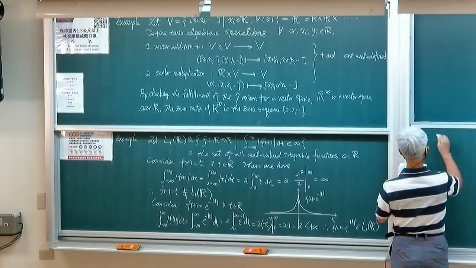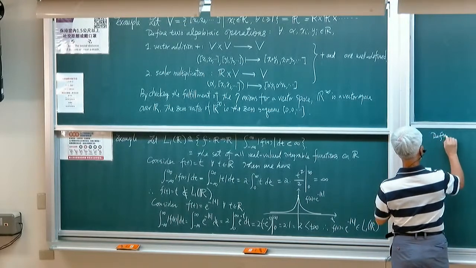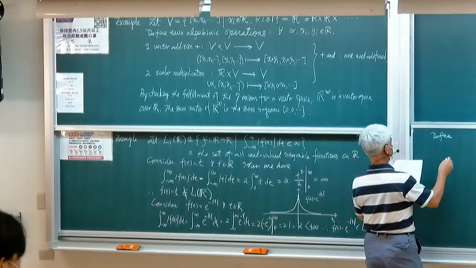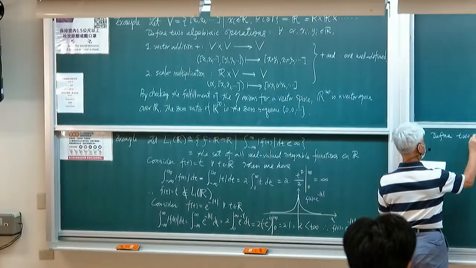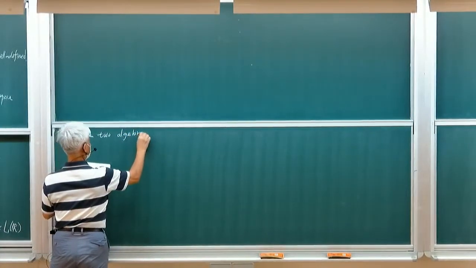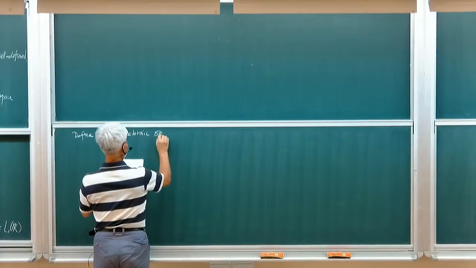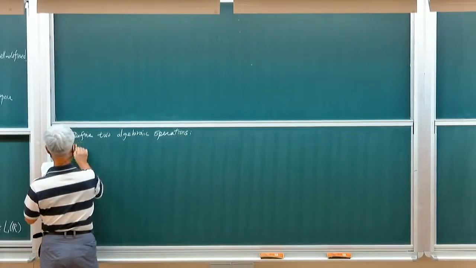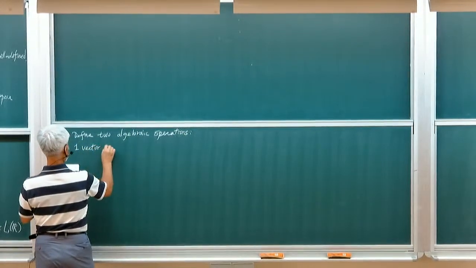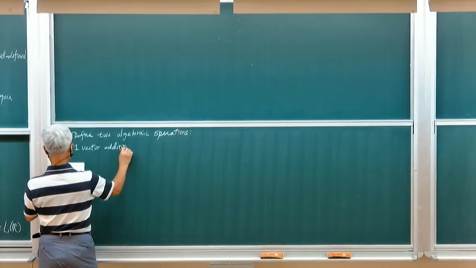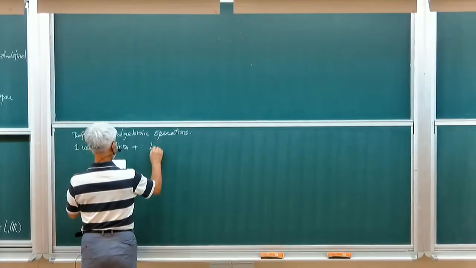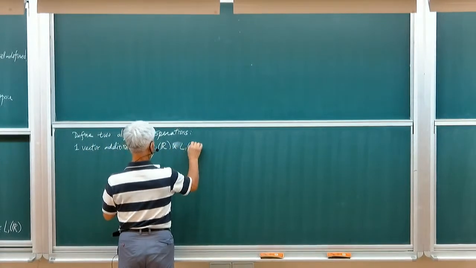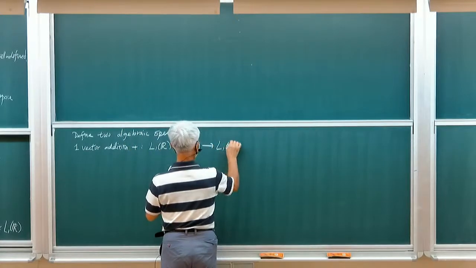All right, now for L1(R), we define two algebraic operations. One is vector addition, L1(R) cross L1(R) to L1(R).